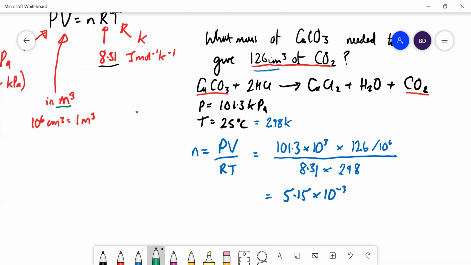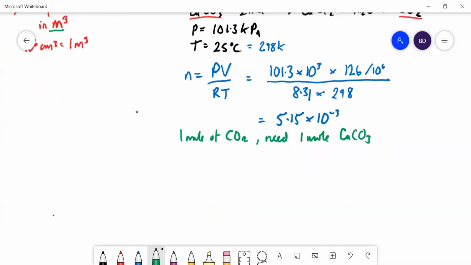Now we'll say 1 mole of CO2, you need 1 mole of calcium carbonate to make that. So therefore, moles of calcium carbonate is equal to 5.15 times 10 to the minus 3.